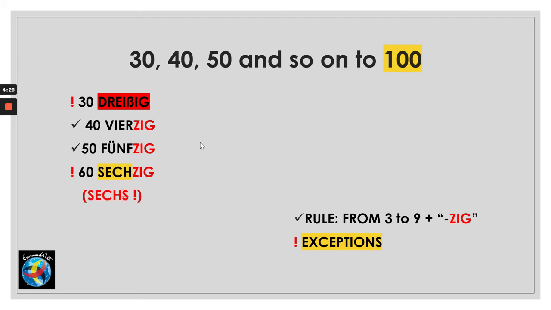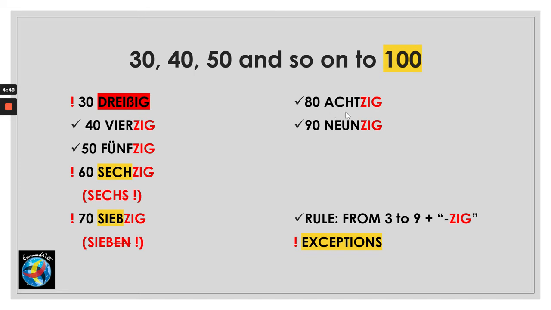And now what happens is the same as for 16 and 17. You have sech, not sechs, and zig, 60. And sieb, not sieben, and ending zig, 70. 80, again the rule, und 90, again the rule. 100 is in German hundert, and please notice it is in one word.